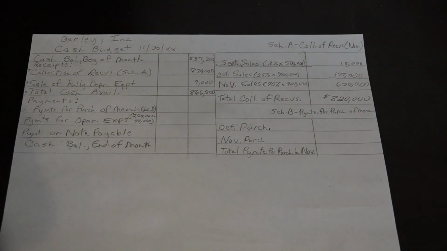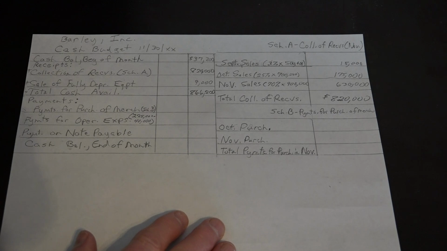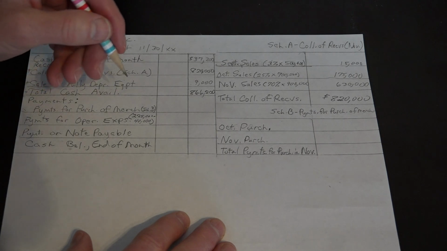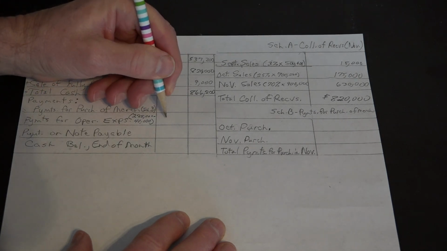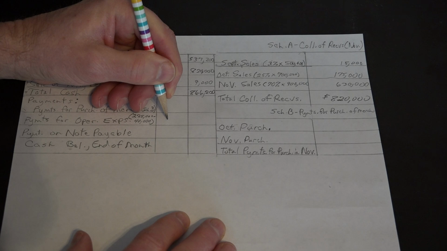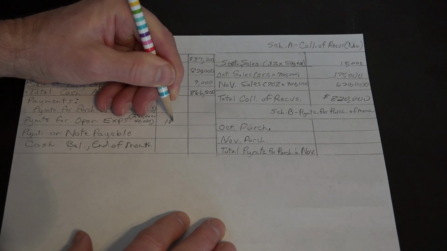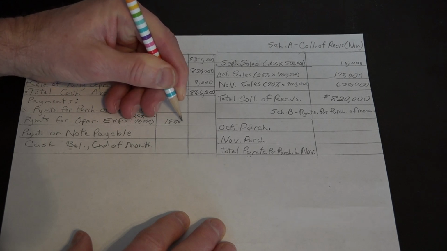So you have to back that number out of total operating expenses for the month of November. So that number is going to be, and we'll put that right here, 185,000.